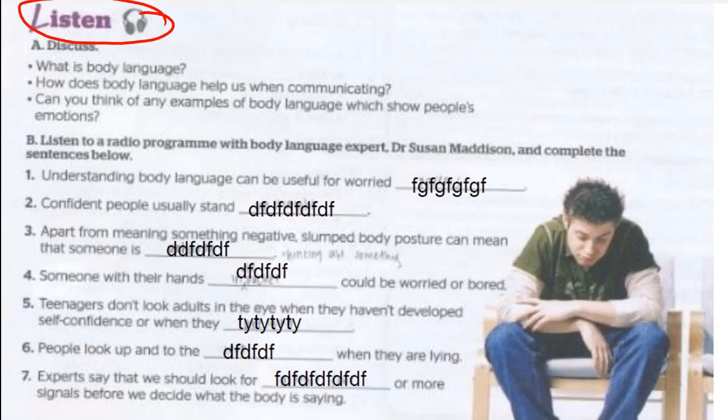Of course. So there is a lot to think about when trying to understand body language. Yes, and I haven't even told you about eye movement yet. It is very common for teenagers to not want to make eye contact with adults. If they are not able to look you straight in the eye, this can mean that their self-confidence has not developed yet. Isn't it also a sign of lying? Yes, often when a person knows that what they are saying is false, they look down as they don't want to look at the other person in the eye.